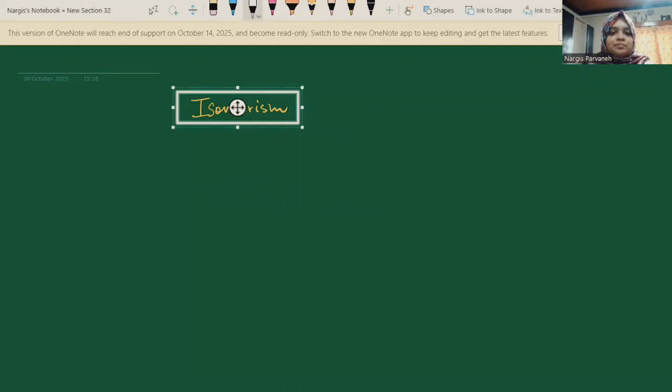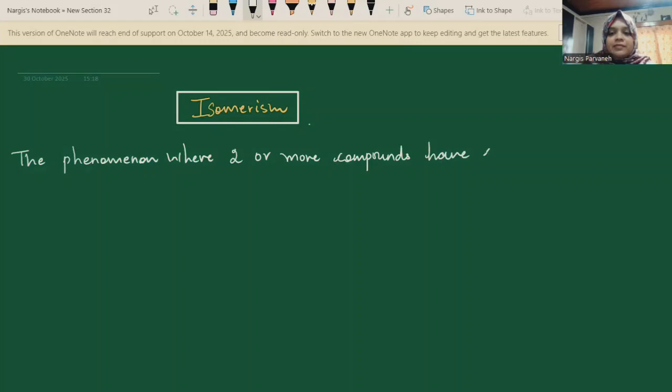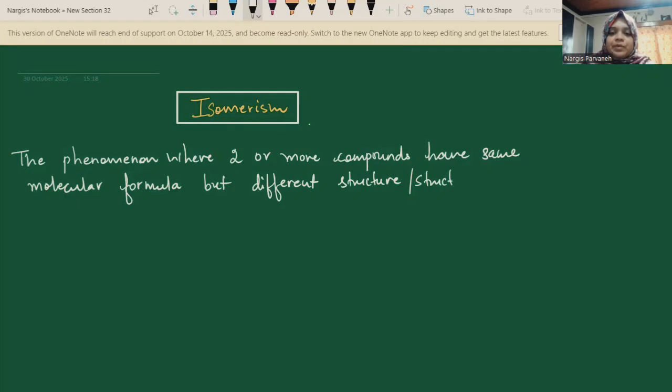I'll just write the definition. The phenomenon where two or more compounds have the same molecular formula but different structure, or structural formula also, you can say, because if you have studied some part of the basics of organic chemistry, we have structural formula in organic chemistry, and we write the structural formula when we are dealing with organic reactions.